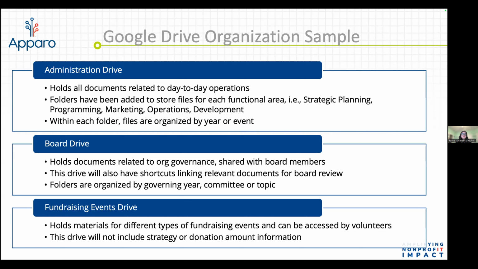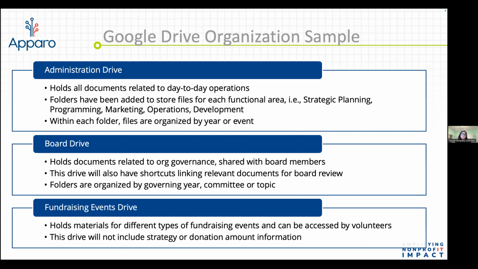This was a separate drive within the organization. We put all the files related to organization governance in here and shared it with all board members. What we did here that was different, that really helped eliminate any version control issues or duplicate, outdated documents, is instead of copying a budget document, for example, into this drive, we created a shortcut.